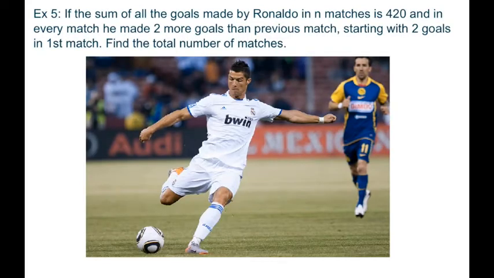Okay, so the next question is, if the sum of all the goals made by Ronaldo in n matches is 420 and in every match he made 2 more goals than the previous match, starting with 2 goals in his first match, find the total number of matches. Okay, so let's use the given condition.